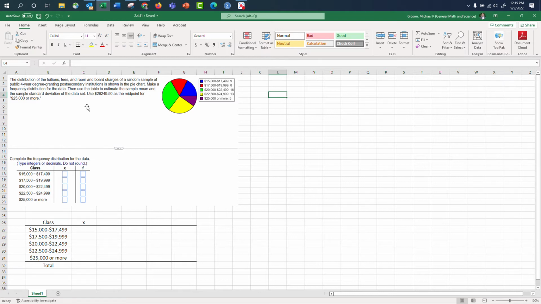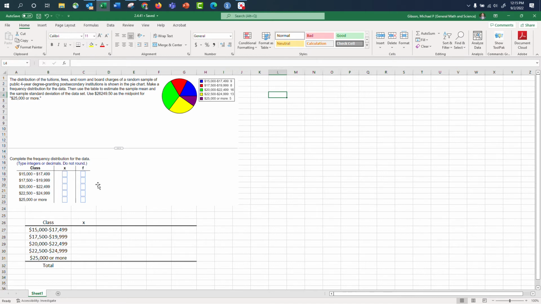Make a frequency distribution for the data. Then use the table to estimate the sample mean and the sample standard deviation of the data set. Use $26,249.50 as the midpoint for 25,000 or more. If you look at 25,000 or more, it's the last class. So they're telling us what to use as the midpoint.